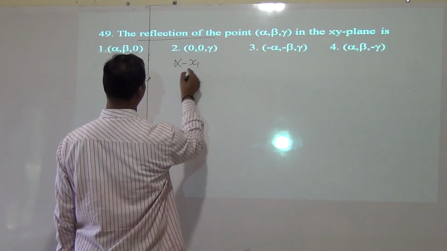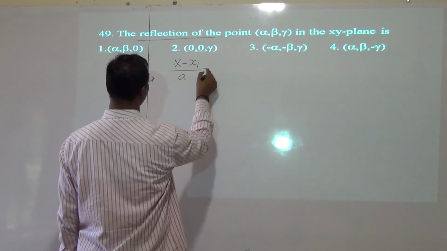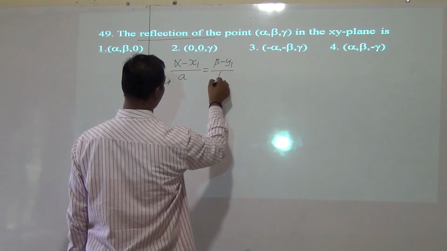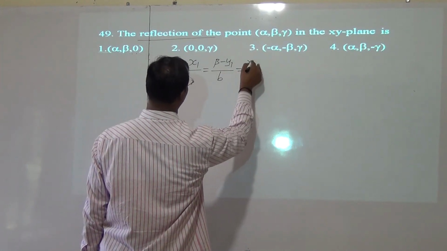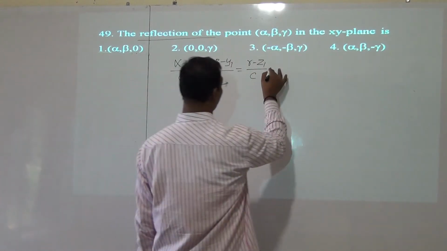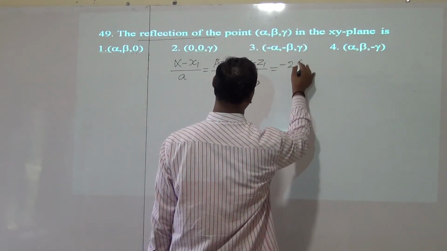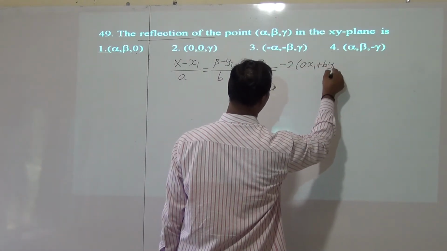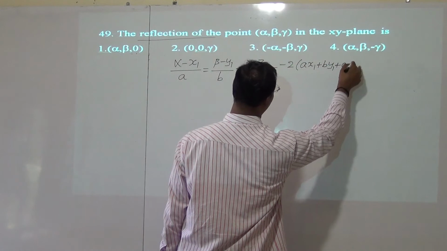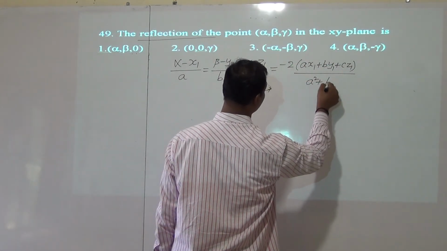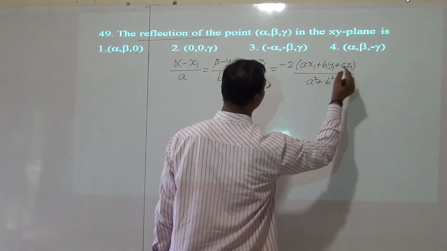Alpha minus x1 by a is equal to beta minus y1 by b is equal to gamma minus z1 by c. The image formula condition is equal to minus 2 times of ax1 plus by1 plus cz1 upon a square plus b square plus c square.